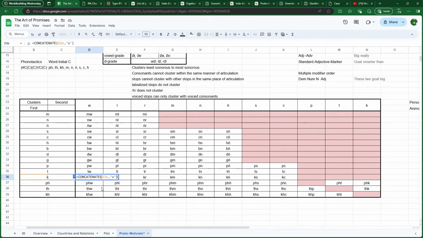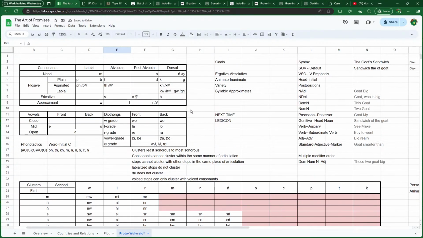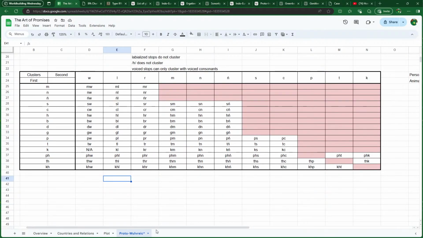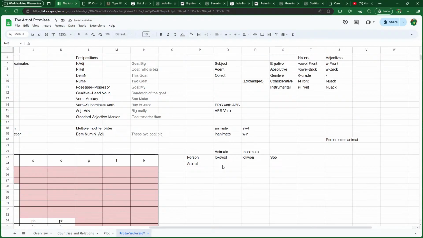And so this isn't a consonant cluster. This is specifically already a consonant. So this is just a single consonant. So Lokswol and Lokbon.